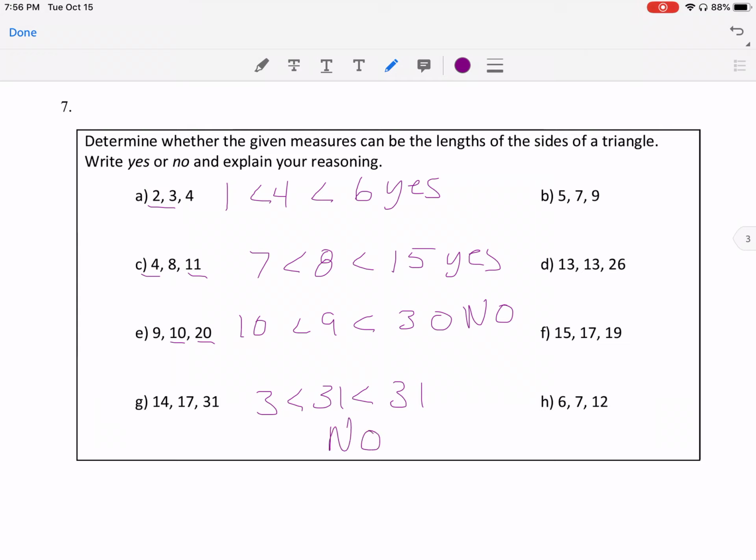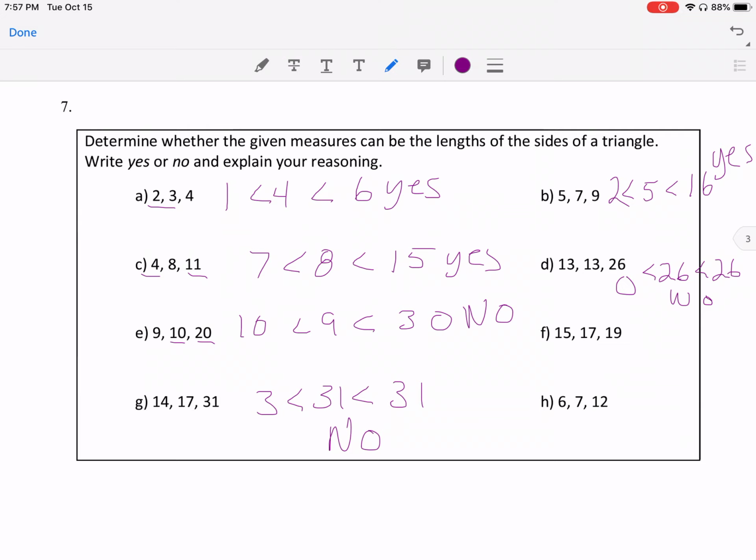This would also be a no, and it doesn't matter. You can use different angles. Let's say I did 5. 5 should be less than 16 and greater than 2. Well, this one's going to be a yes. For this one, 26 would have to be less than 26 and greater than 0. This would be no.